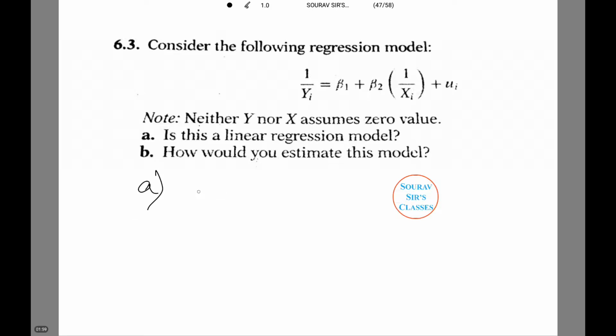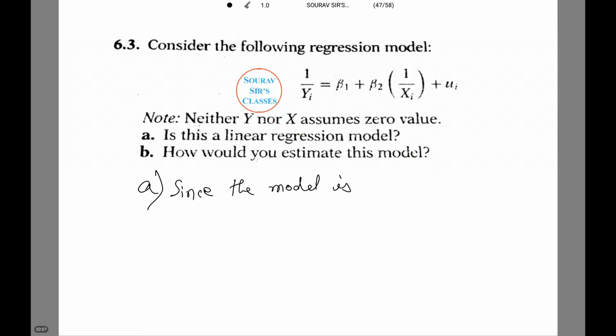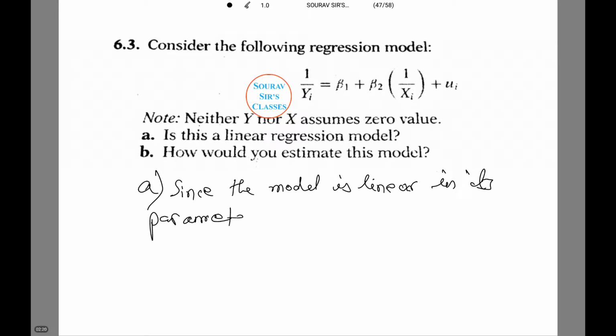Let's do number A. Since the model is linear in its parameters, it is a linear regression model.